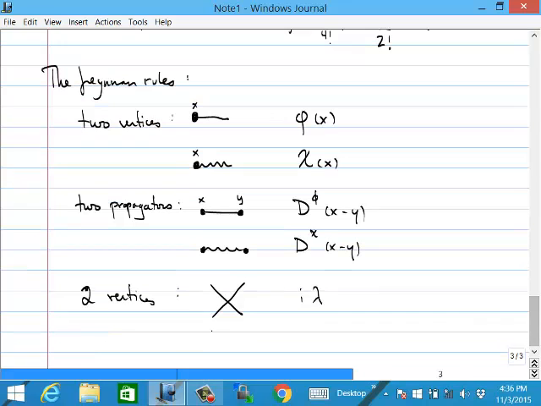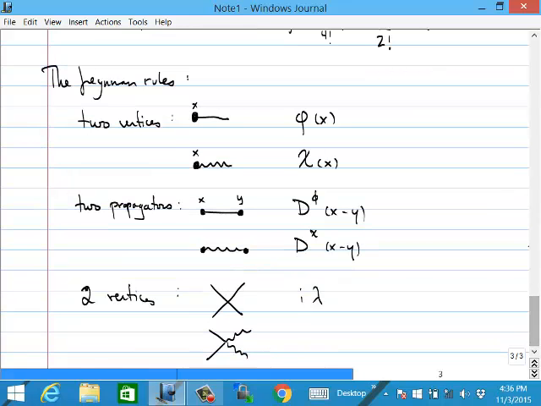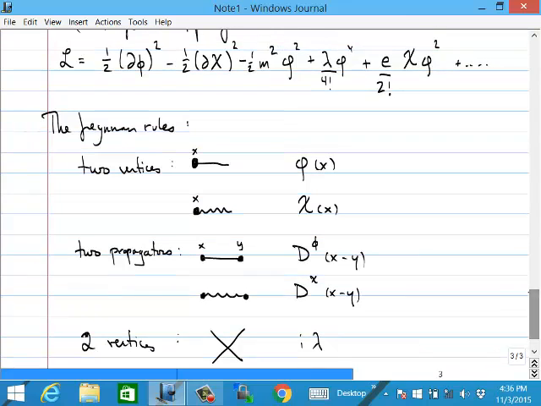And you'll have another interaction vertex, a chi phi squared, not chi squared phi squared. That's what happens when I change my mind about what kind of interaction vertices to write down. But this will give you a factor of i times e, where e was the name of the coupling constant that I gave to this interaction term.